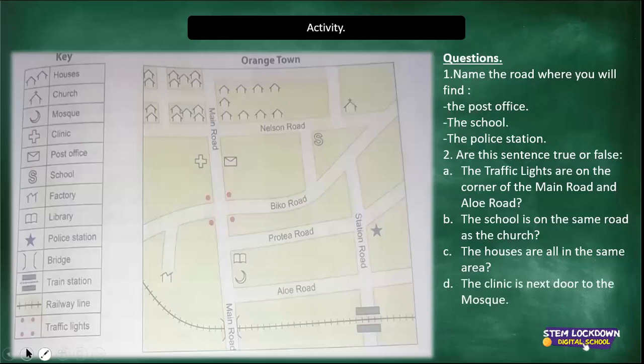The clinic is next door to the mosque. Let's look at the mosque and the clinic and answer the question. Is it true? The clinic is next to the mosque.